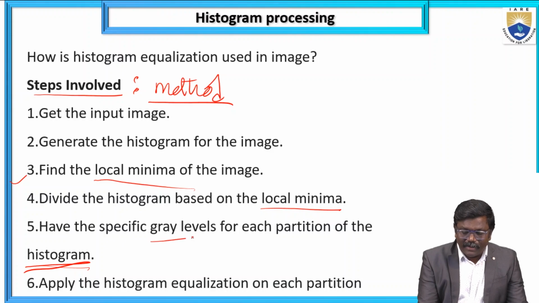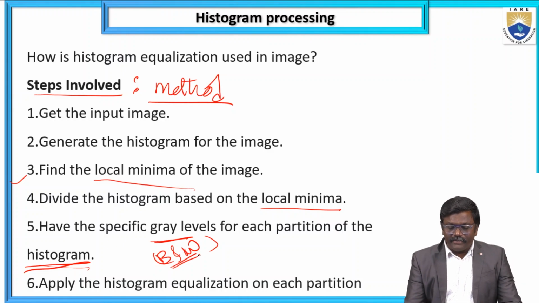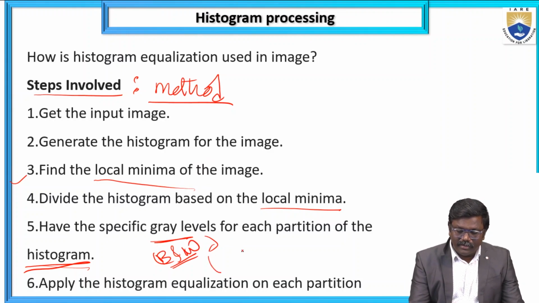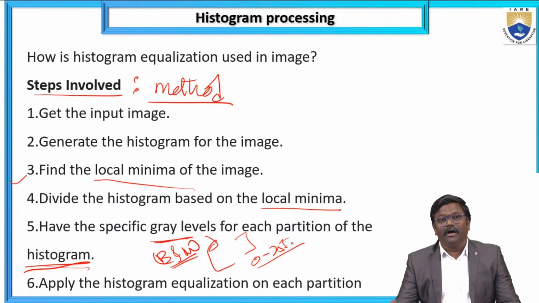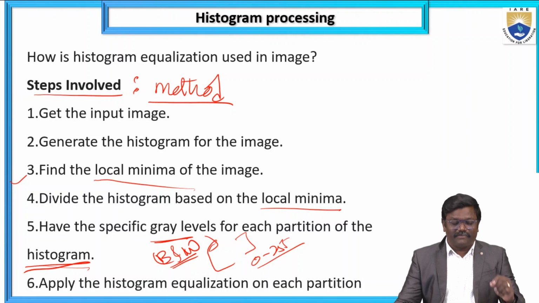The meaning of grade levels here is that the image we are considering is a black and white image, so the range is 0 to 255 pixels, with variation of the intensity of the same pixels.